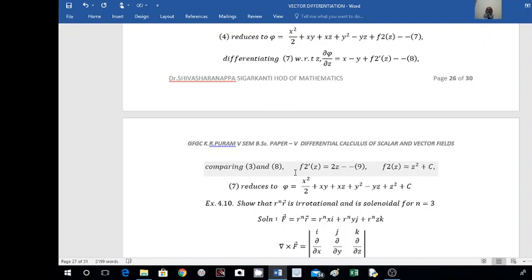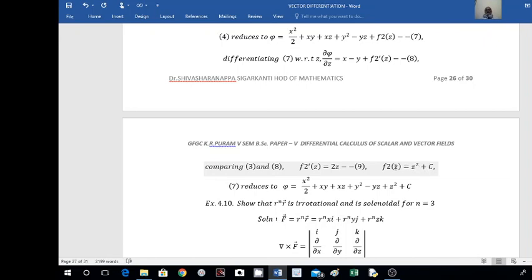Now integrate this equation. Integrating this equation, here we have z as the variable, f2 of z. So integrating with respect to z, we get f2 of z is equal to the integration of 2z, which is z square, plus, now you can take a pure constant here. So now the constant is only the constant here, so f2 of z is equal to z square plus c.